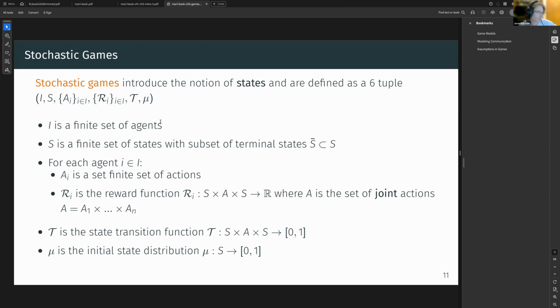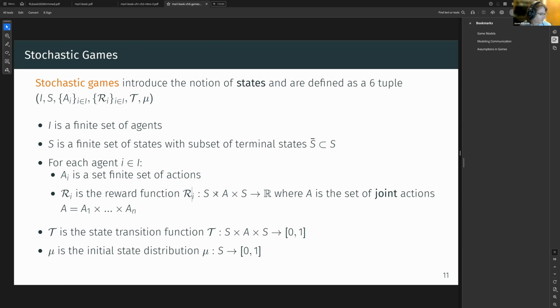The state has to be a game which contains the information about how the rewards work. The reward function is now a function of three different things, including the joint action. Usually we don't have to consider all three for the reward function, but it is now going to be state dependent.